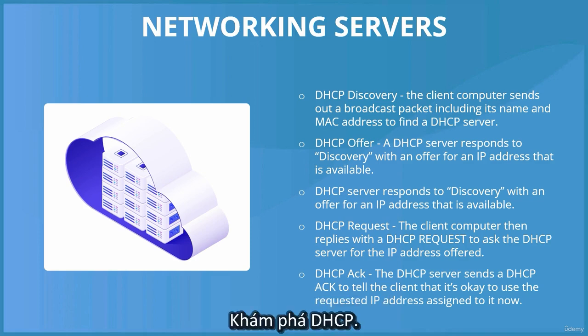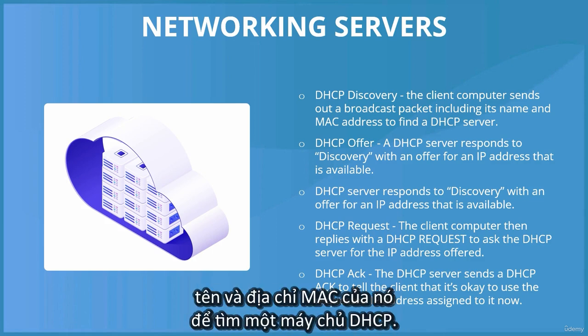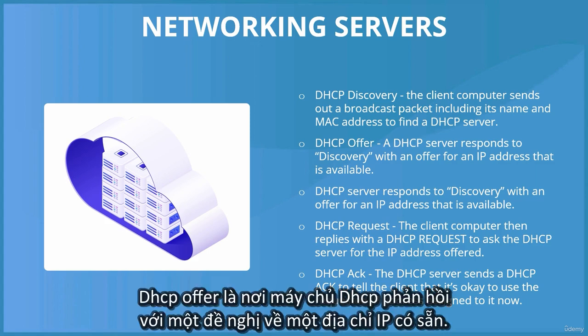DHCP Discovery. The client computer sends out a broadcast packet including its name and MAC address to find a DHCP server. DHCP Offer is where a DHCP server responds to the discovery with an offer for an IP address that's available.